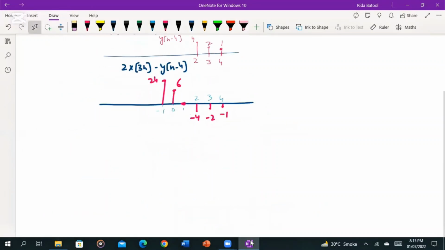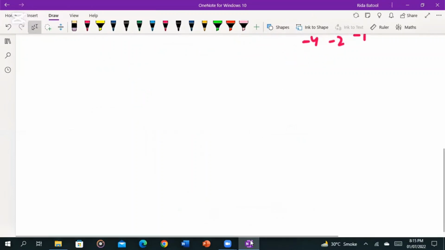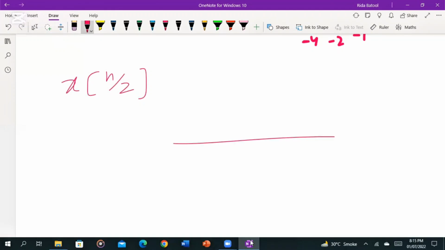Similarly, if the question is in continuous time, for example, if you have to sketch this, then what you have to do? You have to multiply the values of n.